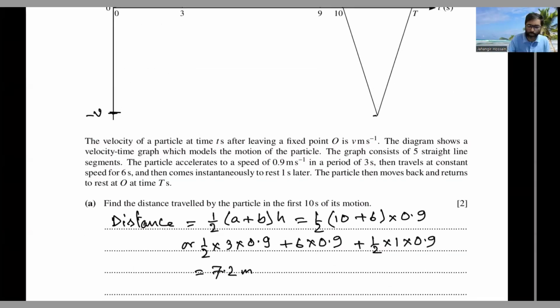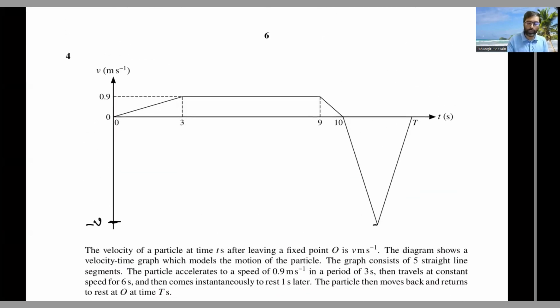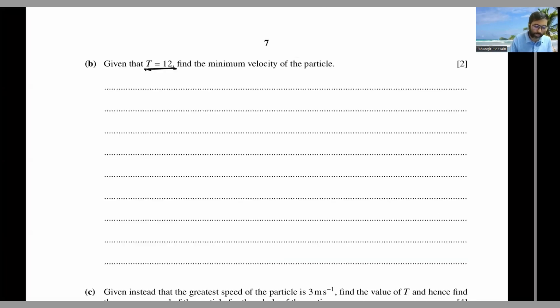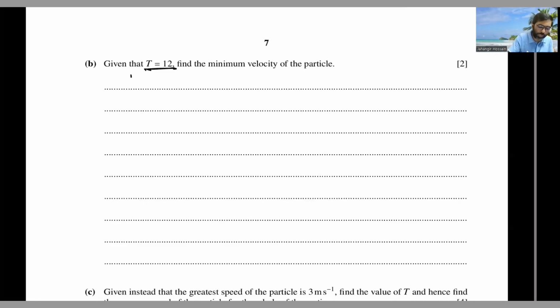The displacement in the first 10 seconds is 7.2. The displacement in the next part of the motion is minus 7.2. So we can apply the area of this triangle, which is equal to minus 7.2, that is half into 12 minus 10, that's the width of the triangle, into height minus b, equal to minus 7.2.